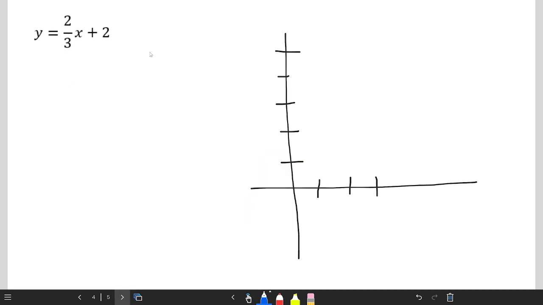Alright, here we have y = 2/3 x + 2. The slope is the number in front of the x, so the slope is 2/3 here. And then the y-intercept is 2. So the line's going to cross the y-axis at the point (0, 2).